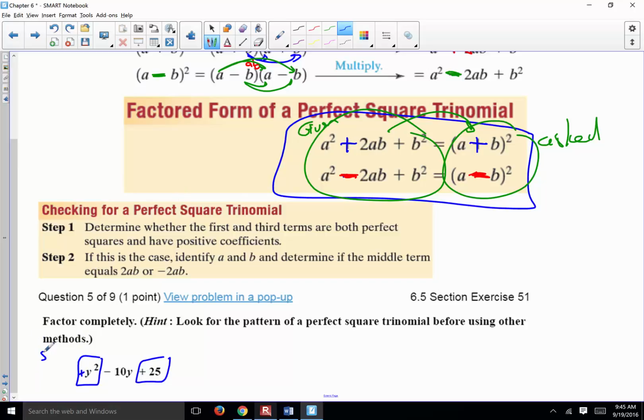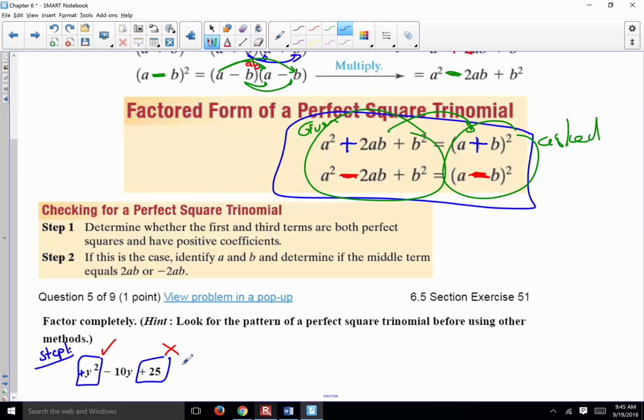So let's do step 1 first. Do you see positives on the end terms? Yes. Are they squares? No. This is a square, but this is not. So can we quit and try something else here? Square 5. Yeah.